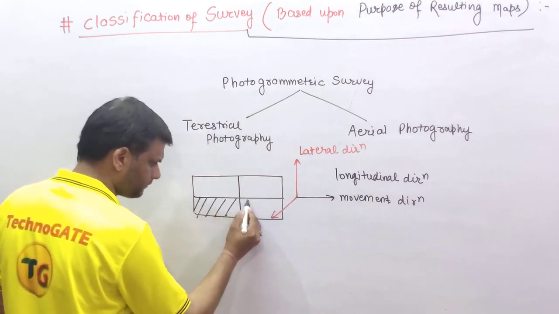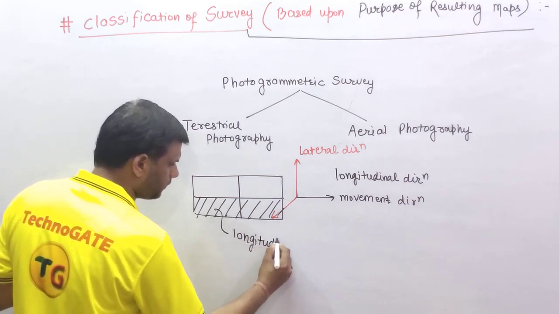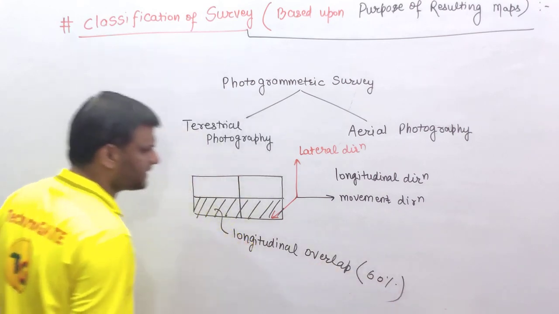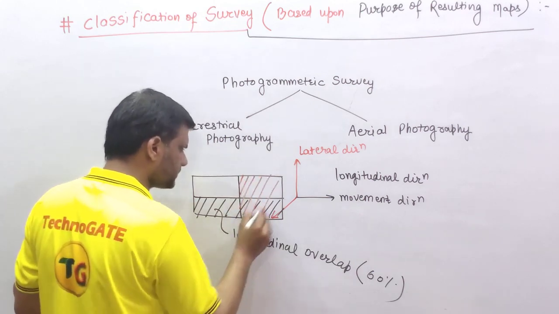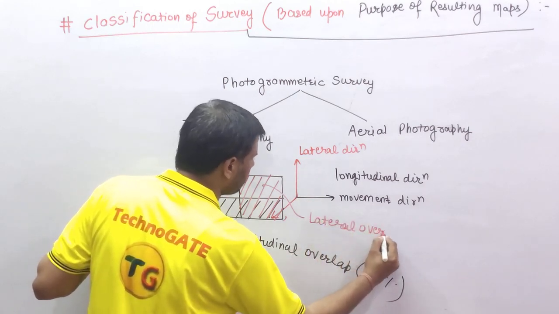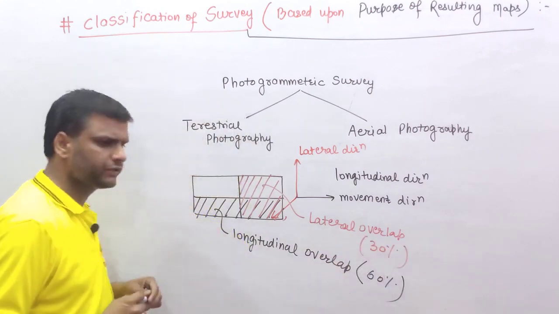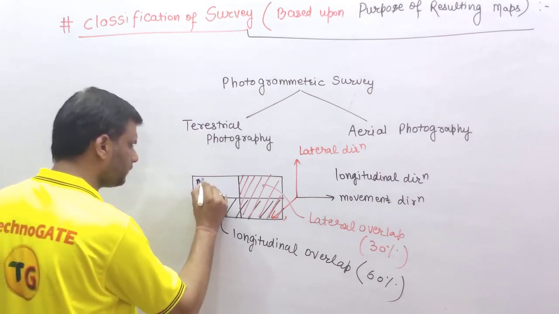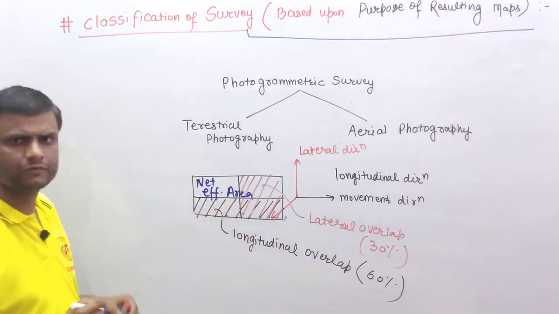Likewise, this is our longitudinal overlap, which should not be less than 60%, and this is our lateral overlap, which should not be more than 30%. So photographs are taken at such intervals, and this one is called the net effective area of the photograph.